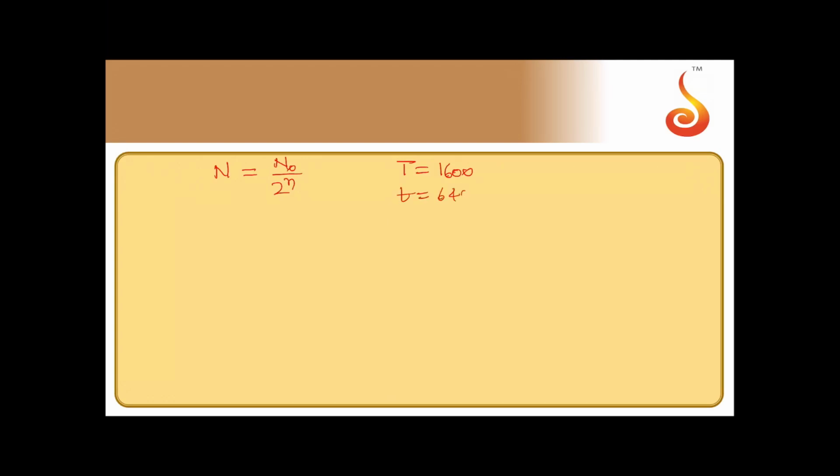So time elapsed is 6400 years. That means n is equal to 4 half-lives. So number of half-lives elapsed is 4. So what fraction of the sample is remaining means N by N naught, that is equal to 1 by 2 to the power 4, that is 1 by 16. So that should be option D.